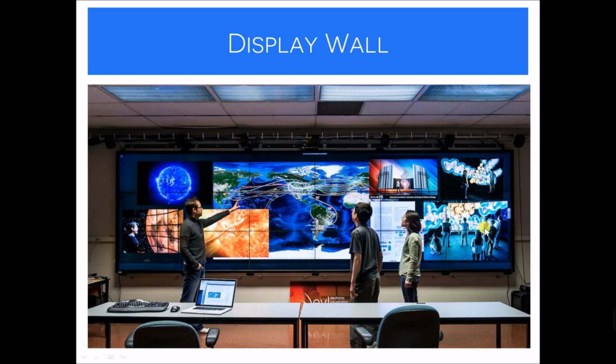So one of them is this display wall. A display wall essentially is a very large screen where you can fit multiple pictures, often in very high resolution. You see this in flight simulation and in national security applications, command centers, even AT&T has one to see the network.